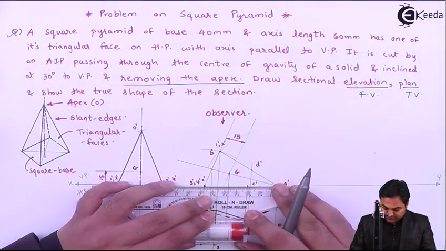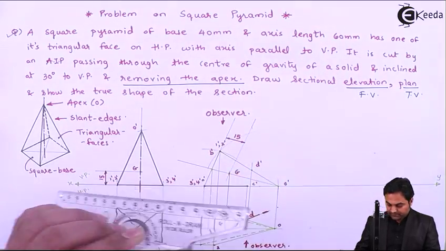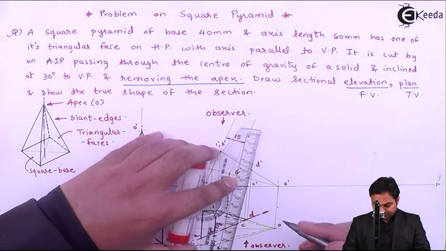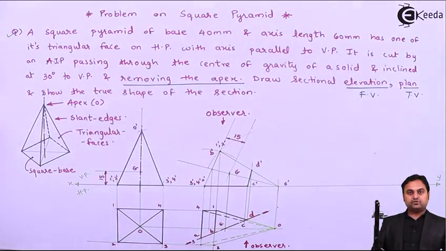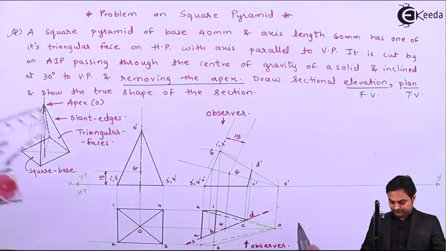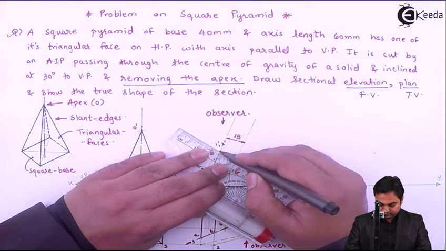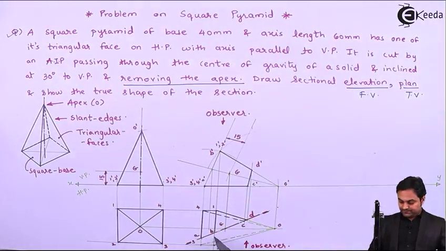So joining A dash to C dash. Then C to D, that is C dash D dash. D dash to B dash. And B dash to A dash.